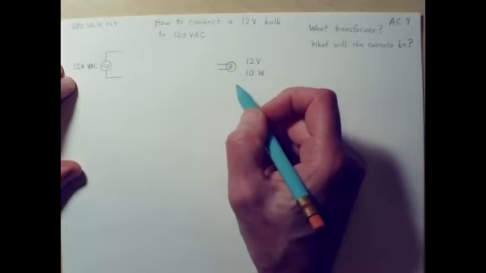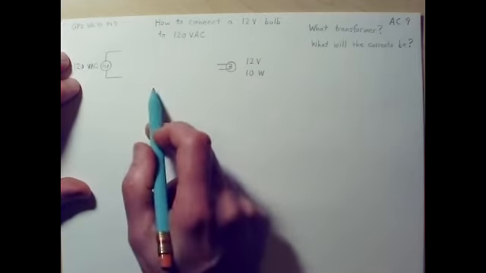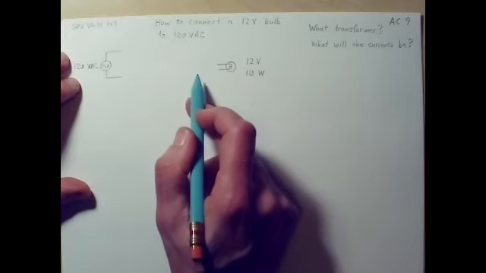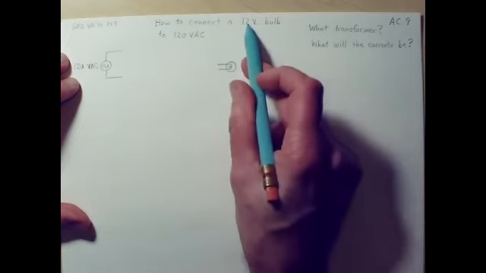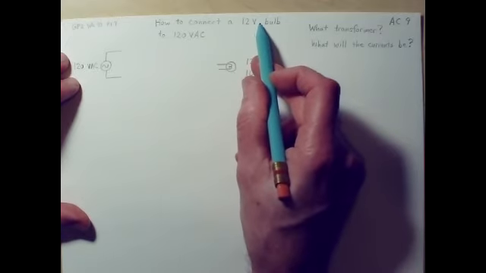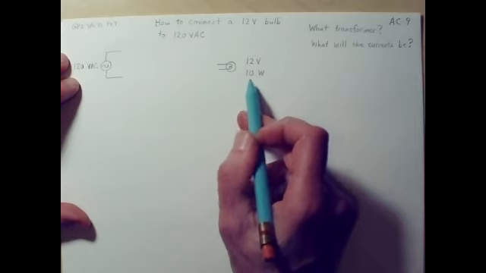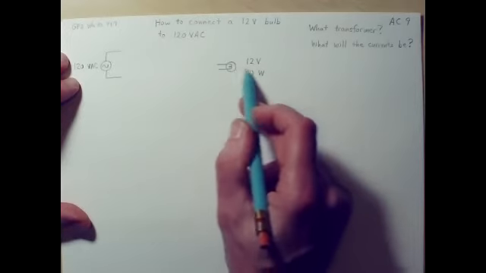And so the first question is, if we're going to try to use a transformer, that's going to take 120 volts AC, and it's going to produce some kind of voltage AC here. If this is a 12-volt DC bulb, what voltage AC should we apply to it so that you get the same 10 watts of brightness if it's a 10-watt bulb?